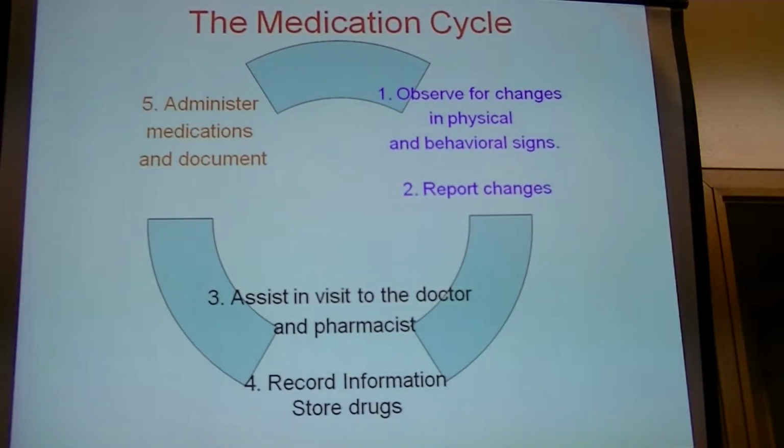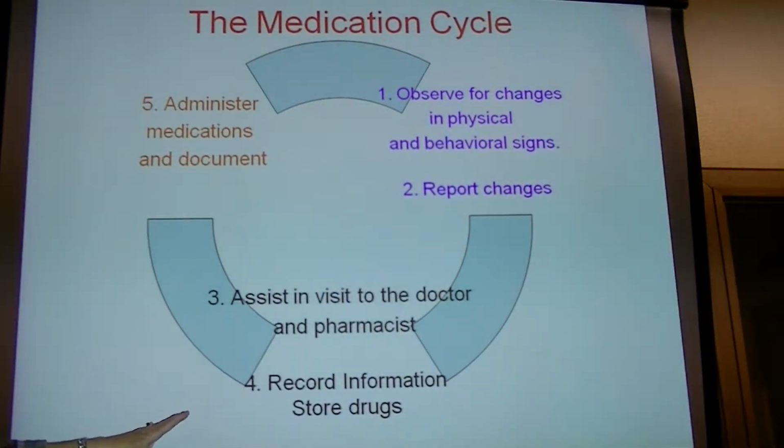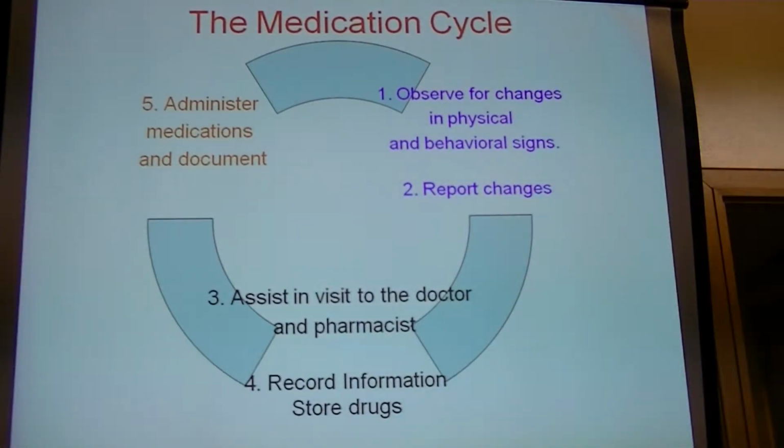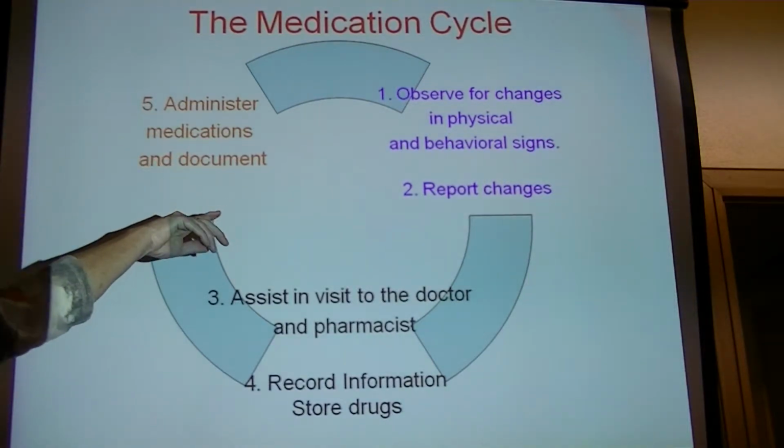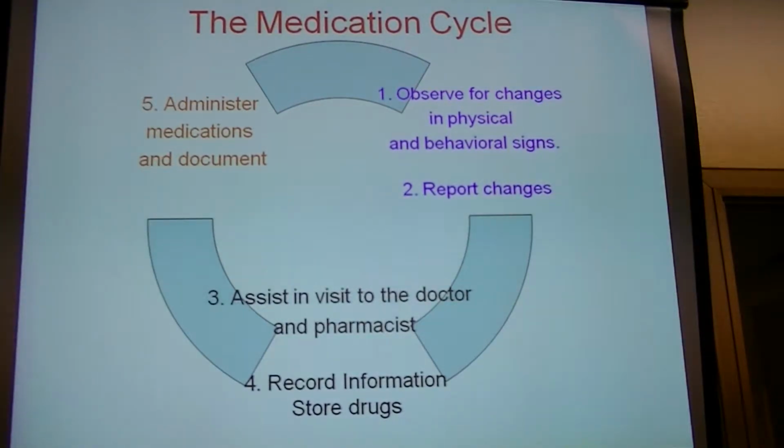I tend to use those interchangeably, but drugs is really the correct term. The last thing we do is administer or assist in administration. And then we're right back again to observing, because we're observing for the therapeutic effect of that medication. In order to observe the effect, we need to know what to expect. What is it we're supposed to be observing for? So this is our cycle of medication administration.